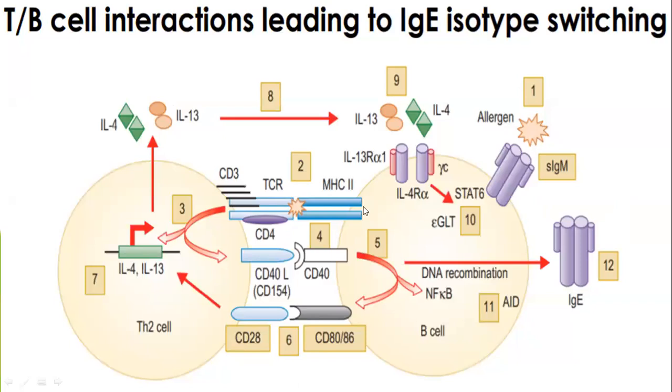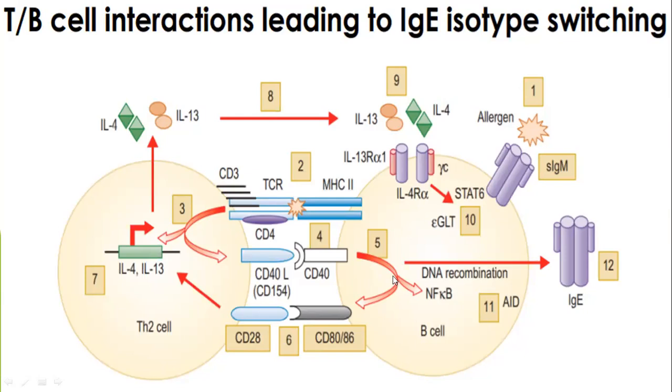We're still talking about immunoglobulin E, and here we show the T cell and B cell interaction leading to the production of an IgE antibody. As we have described previously, we have the T helper cell and the B cell.